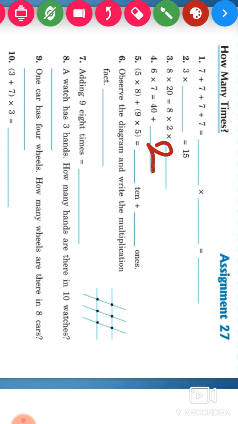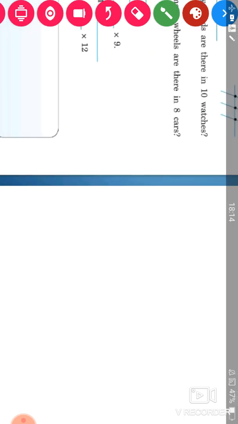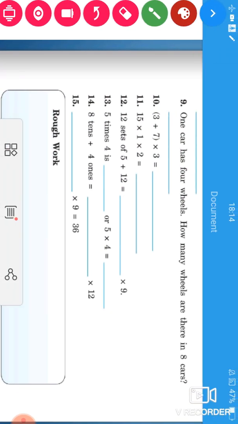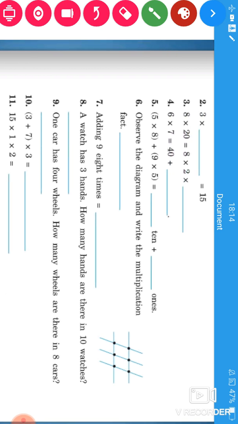Okay? Okay. So our next question. Next question says that 5 into 8 plus 9 into 5 equal to how many tens and how many ones?